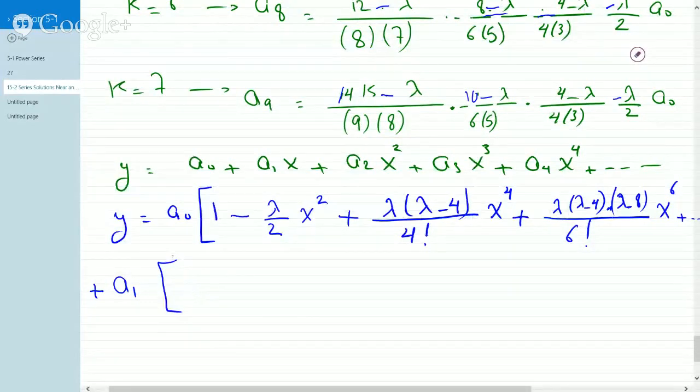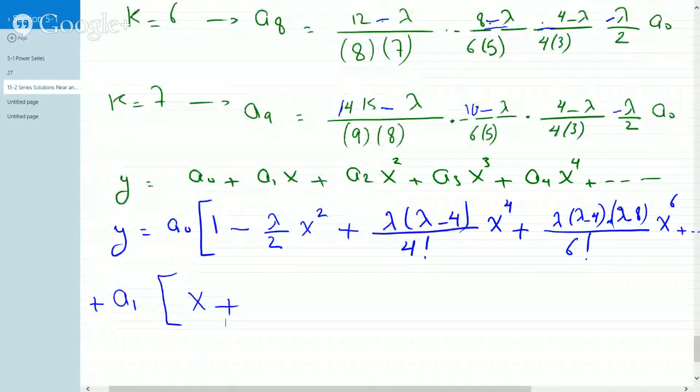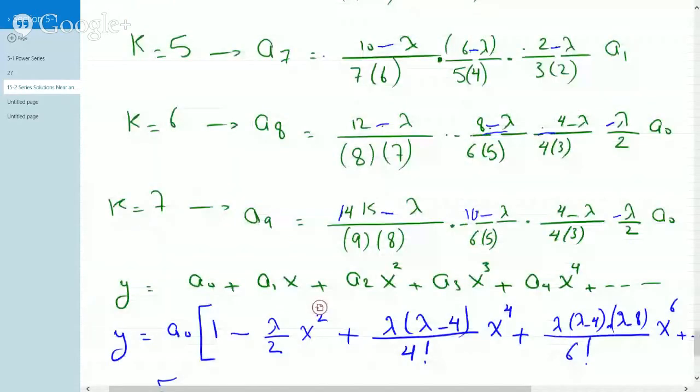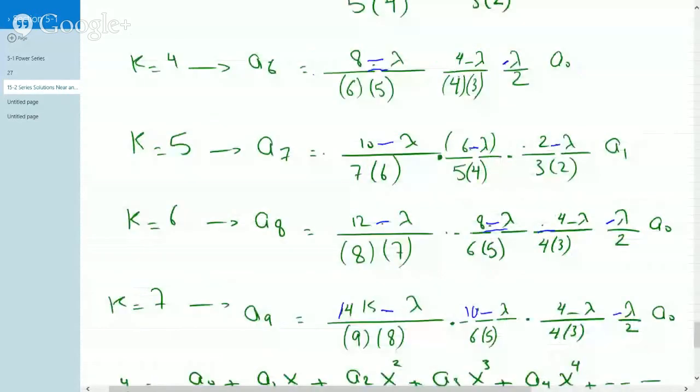Now the second place is the x cubed. That's when it's 3.